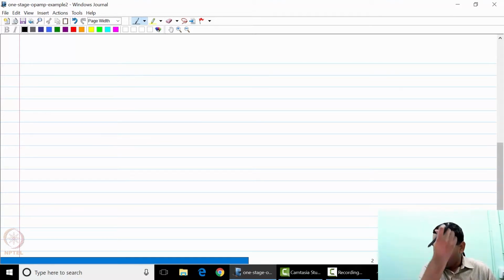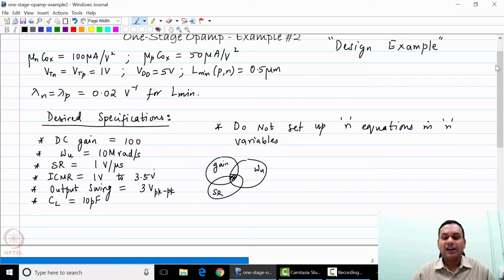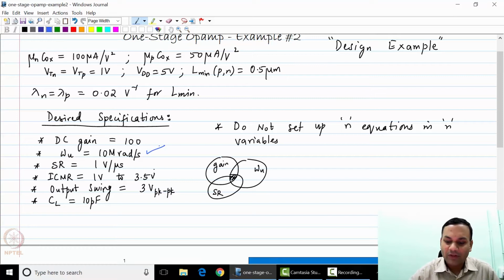So first we'll write down the dependence of each of these parameters. Now it is logical for us to start with the parameters that depend only on one variable. So let us look at which those parameters are. Clearly those two parameters are omega u and the slew rate.